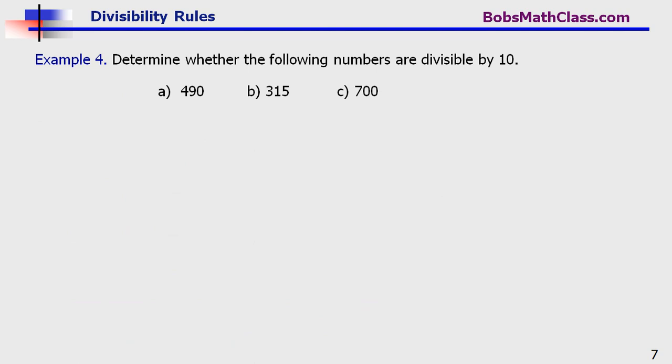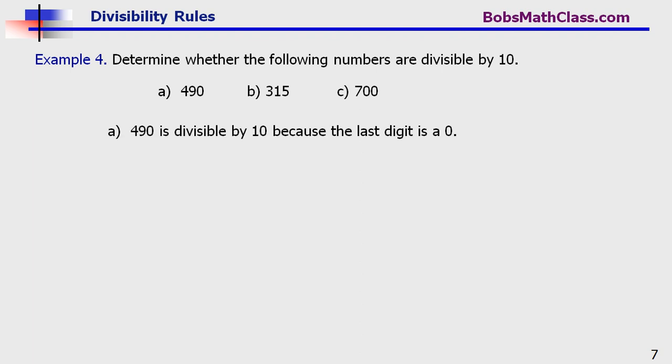Determine whether the following numbers are divisible by 10. That test was we look at the last digit, the ones digit, and if it's a 0, it is divisible. If it's not a 0, it's not divisible. So we simply look at the last digit. 490, is it a 0?